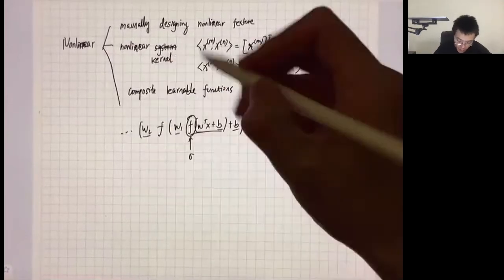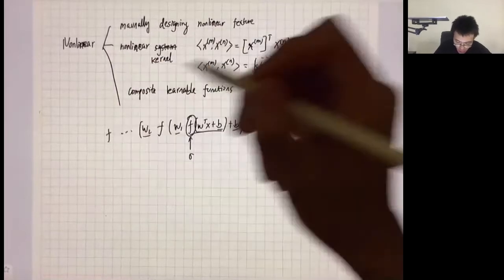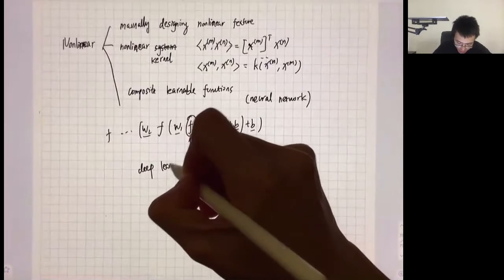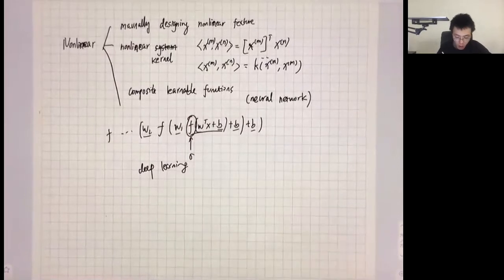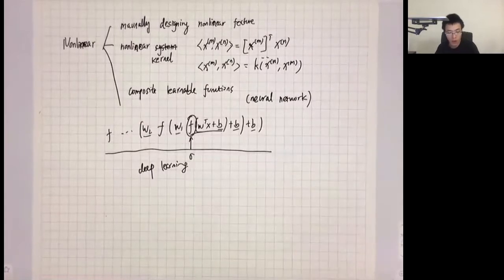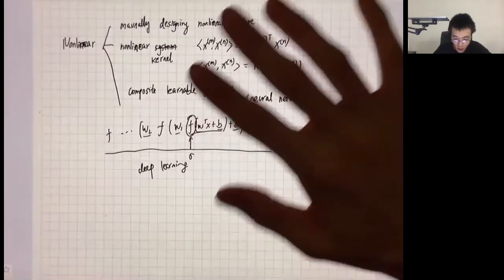And if you have many composite layers, then it's called deep learning, right? Okay, but this is just the simplest version of deep learning. And now, you can design different architectures for deep learning, which is beyond the scope of this course.